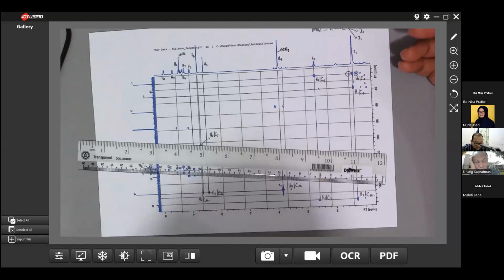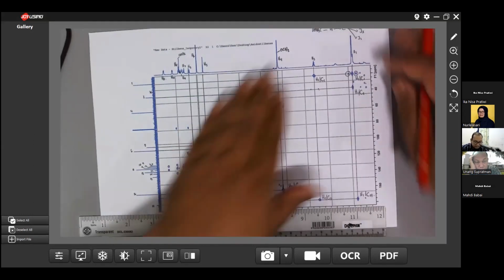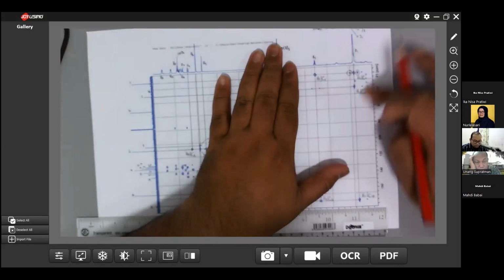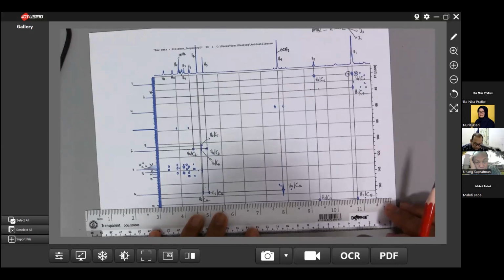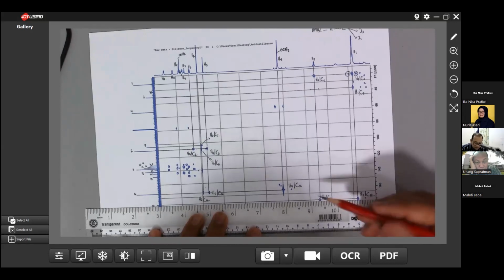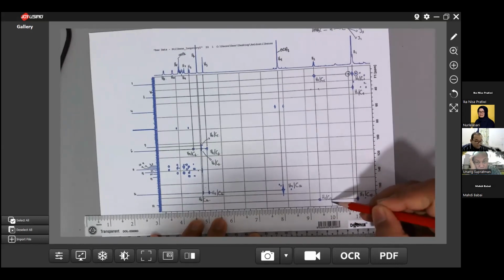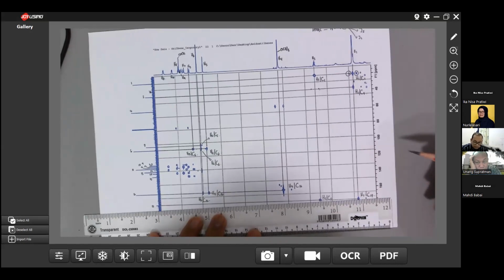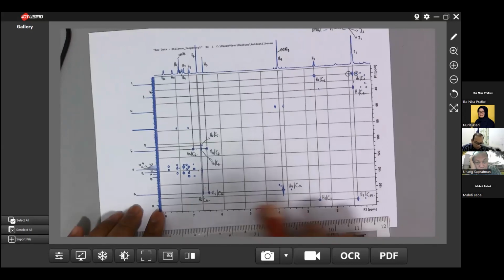I hope it's clear. So this is done. We move to the bottom one, 17. Proton number 3 can see carbon number 17. Proton number 1 can see carbon 17. The rest, no.